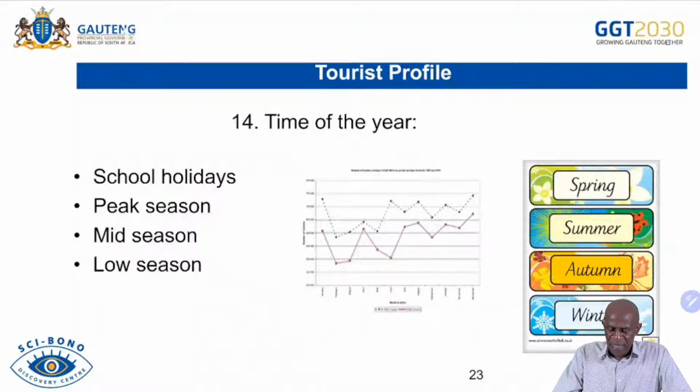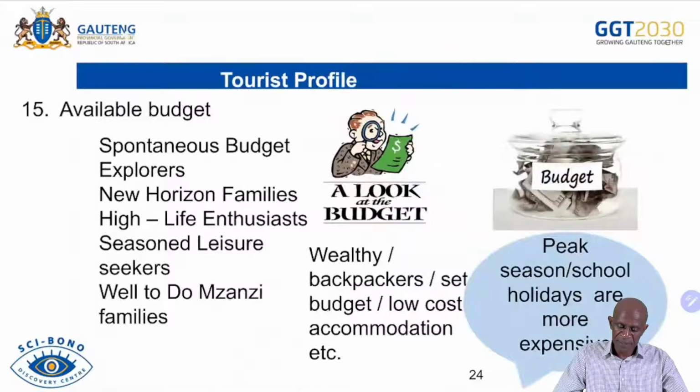The graph indicates the trend during the four seasons of the year. You'll have a high travel season, the peak seasons, around spring and summer. That's where you have a high volume of tourists in and around the attractions.